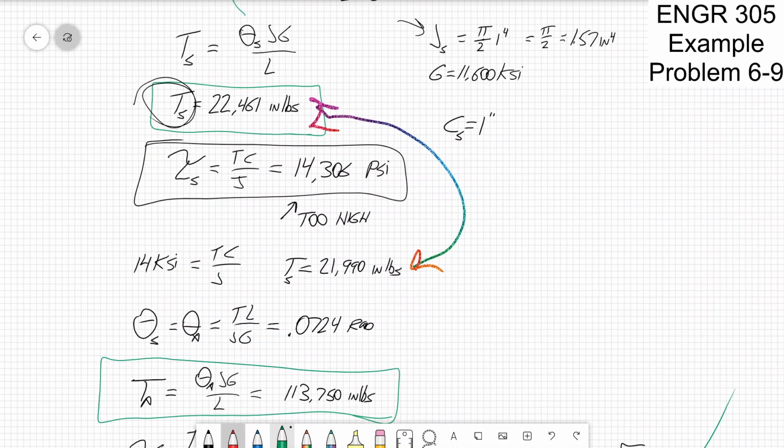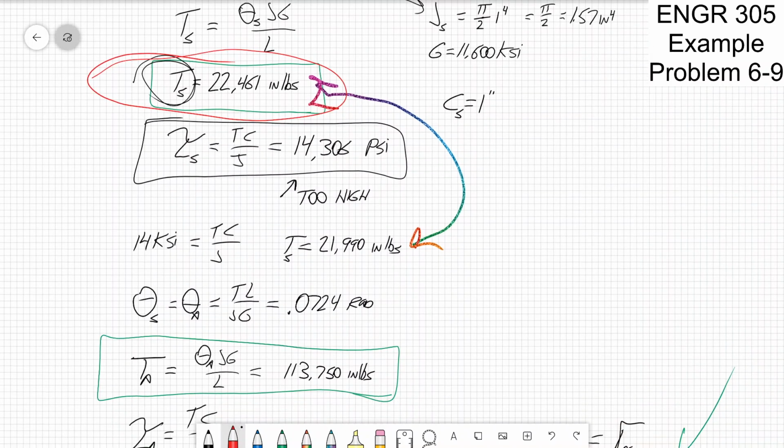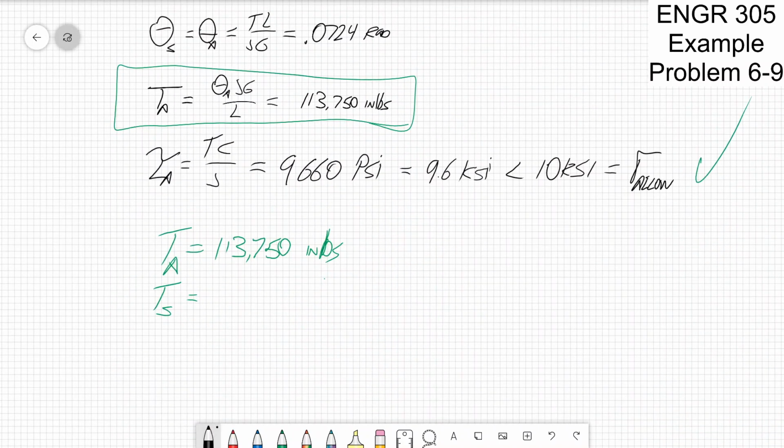Here's the torque right there: 22,461 inch-pounds, which adds up. Now I've got to add all the way: 1, 1, carry the 1, 2, carry the 1, 6, 136,211. Yeah.